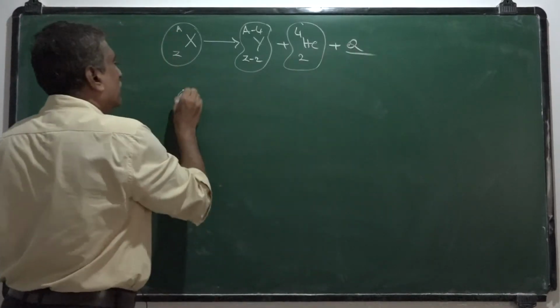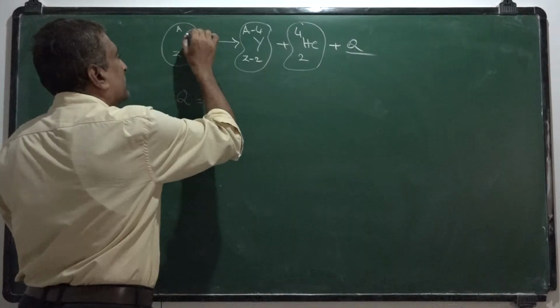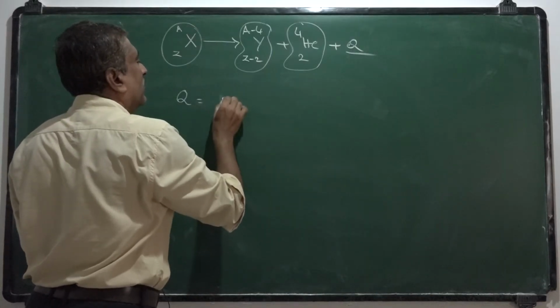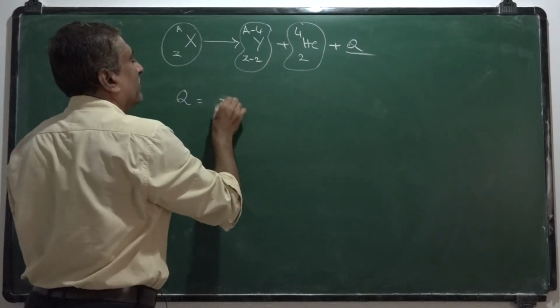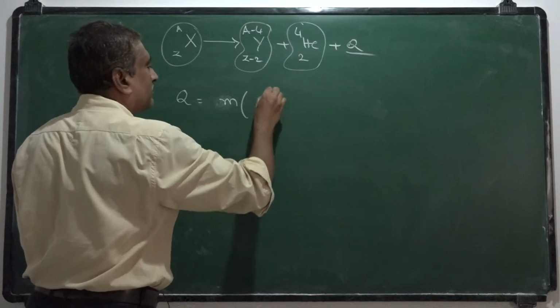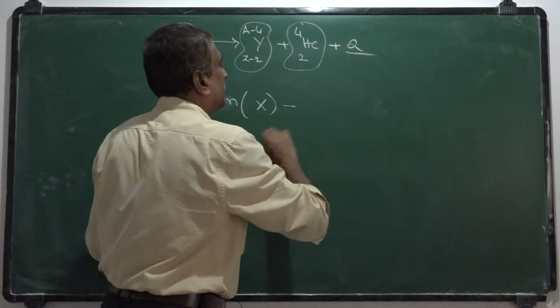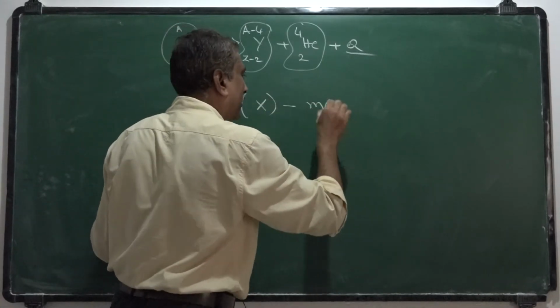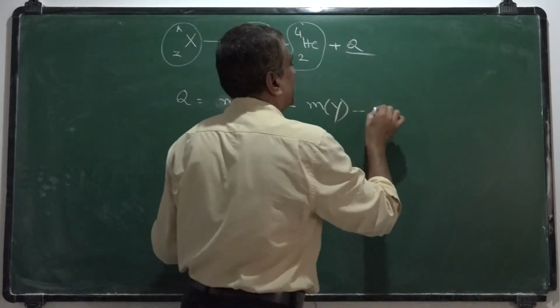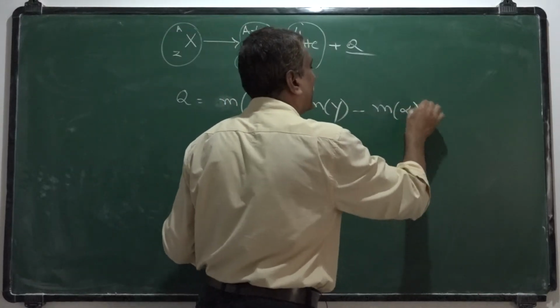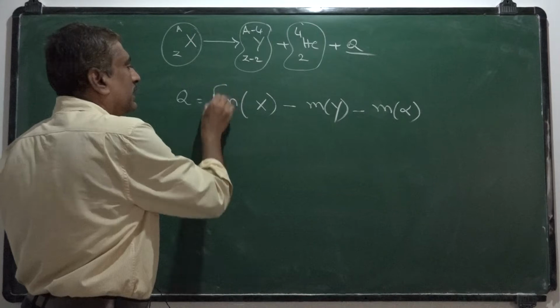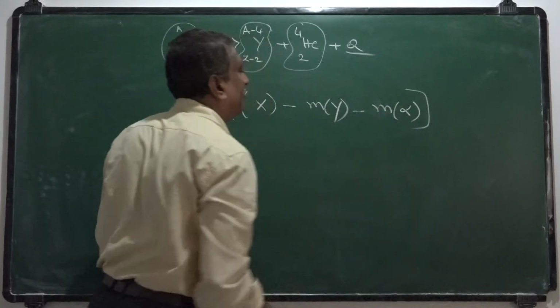So the Q value can be written as mass of X minus mass of Y minus mass of alpha particle. This is the mass defect.